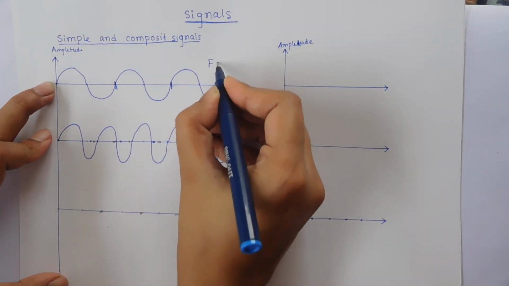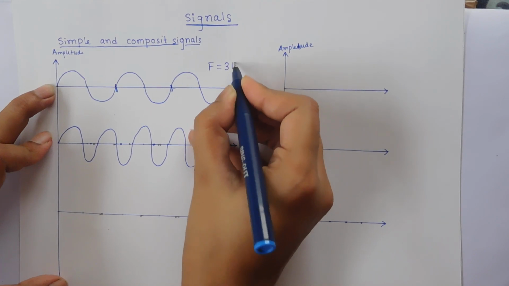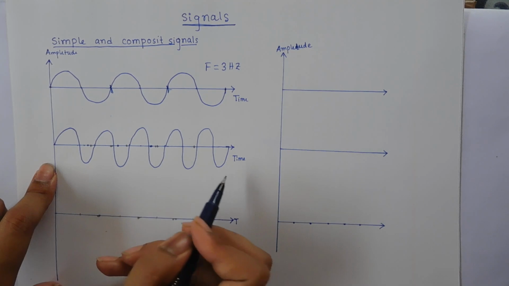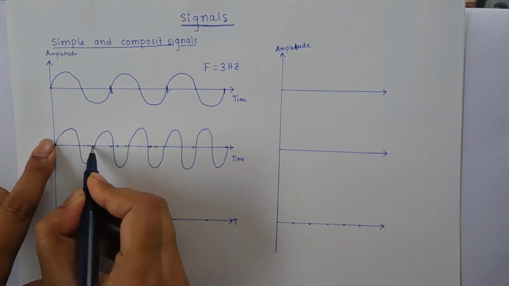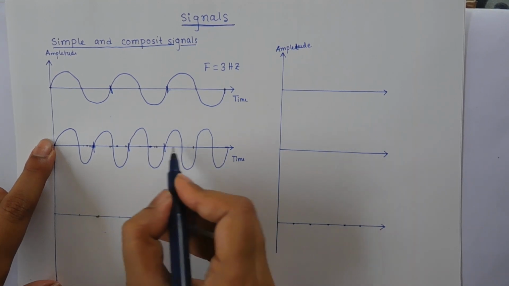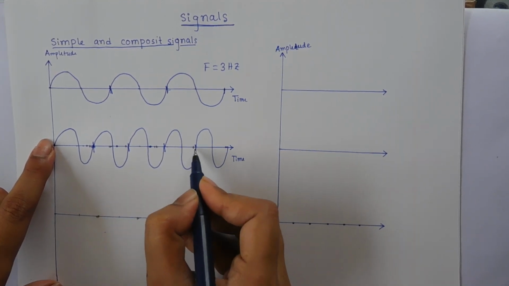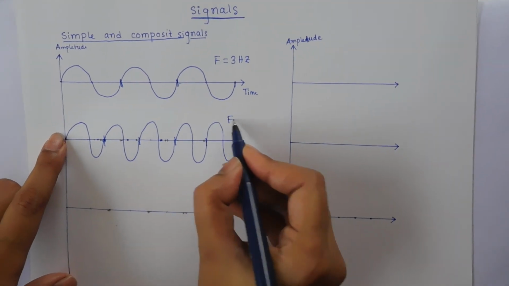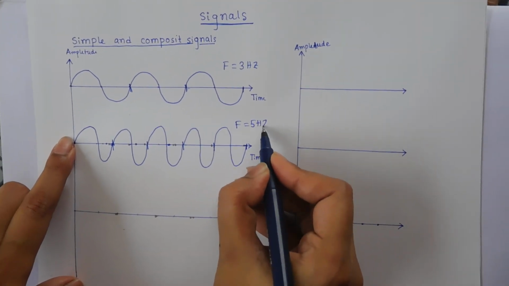So the frequency of this signal is 3 Hz. Okay, so let's find the frequency of this signal. This is one period, second, third, fourth full cycle, fifth, that means 5. So the frequency is 5 Hz.